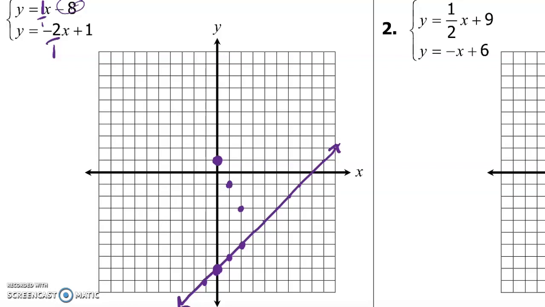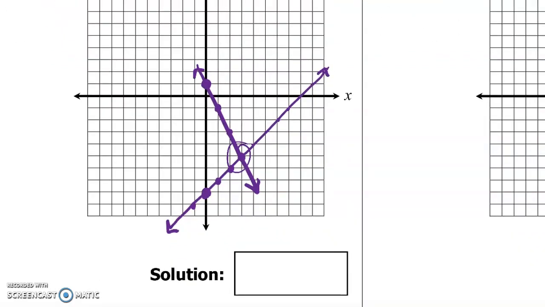And then I would keep going down and right until I find where they cross. But again, you still have to draw the line in. So that point right there, that ordered pair, is where I am looking for my solution. So it looks like that x value is 3 and my y value is negative 5. So 3 comma negative 5.